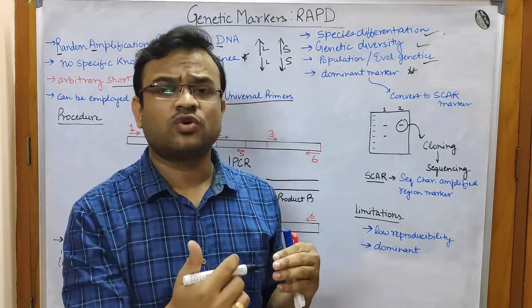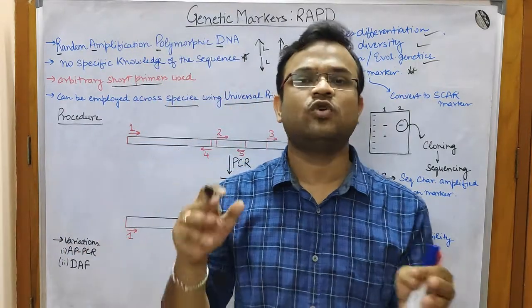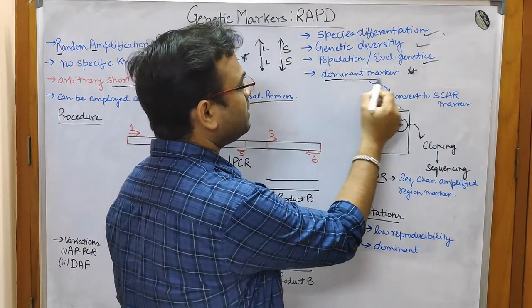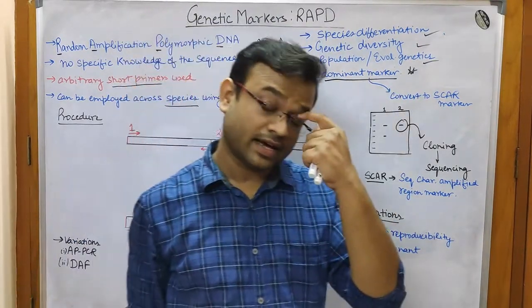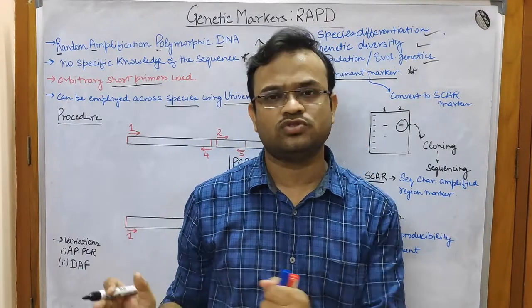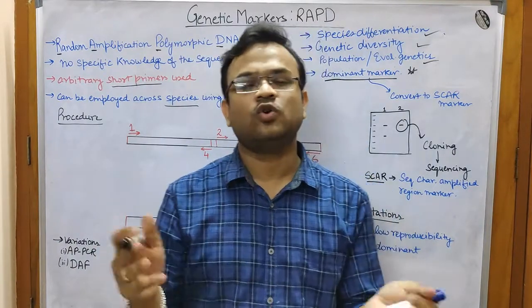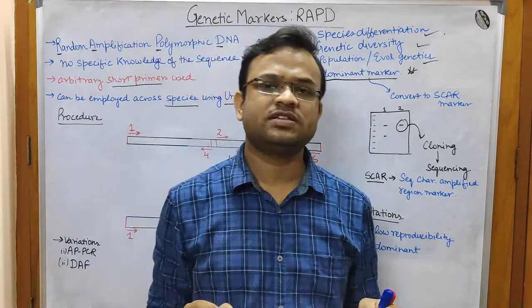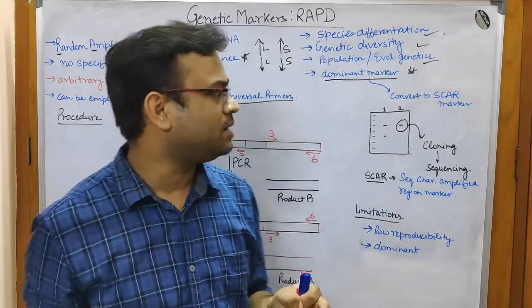When the marker is codominant, it can distinguish between homozygous and heterozygous, but once the marker is dominant, I repeat, it cannot be used to distinguish between homozygous and heterozygous, right? So this is a limitation, a disadvantage of RAPD.